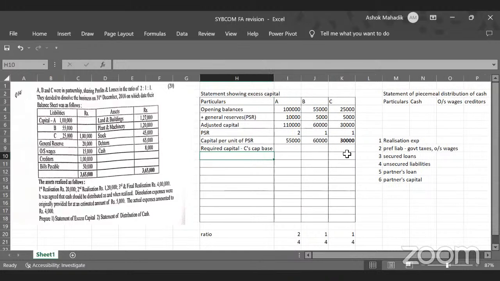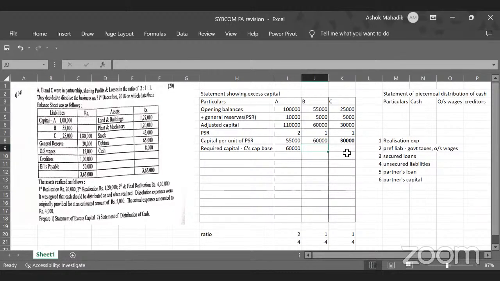Since C has brought the lowest, 30,000 for one share, A must have brought at the rate of 30,000 per share. His shares are 2, so 30 into 2, you'll get 60,000. So A should have brought only 60,000 as per the required capital, taking C's capital as base.